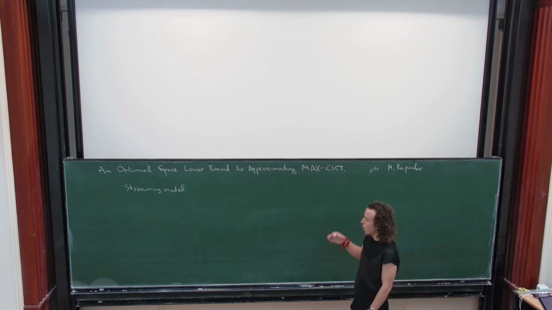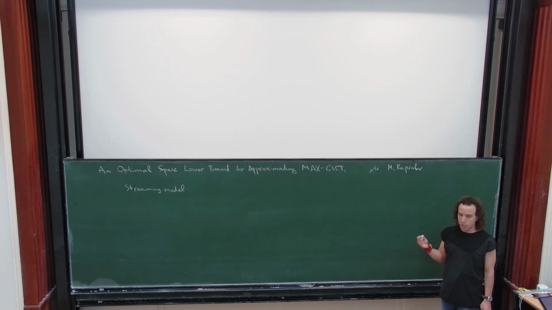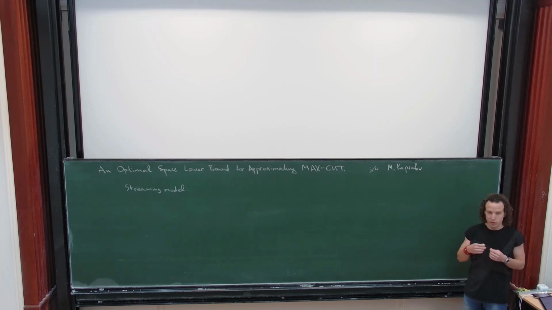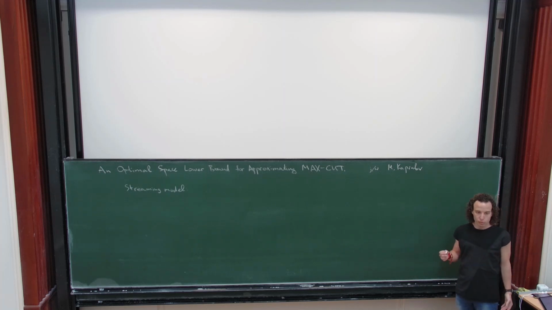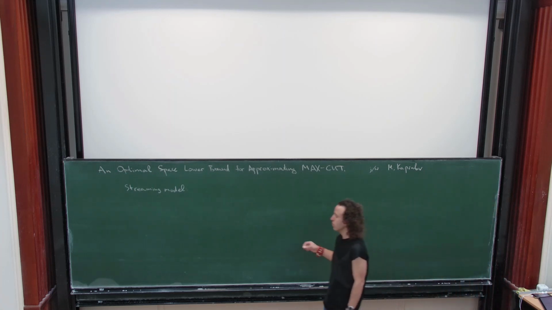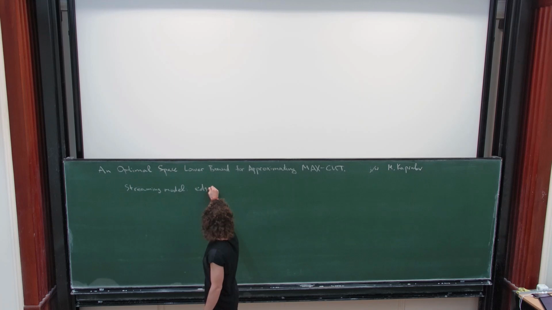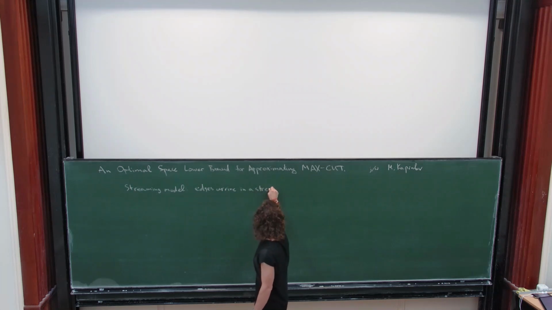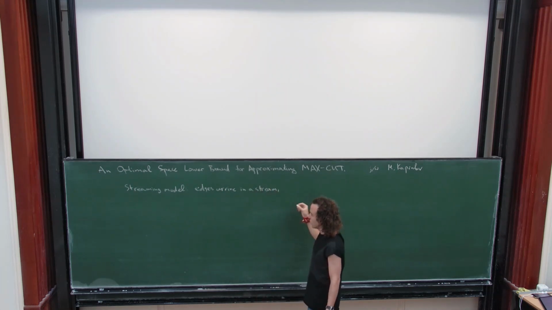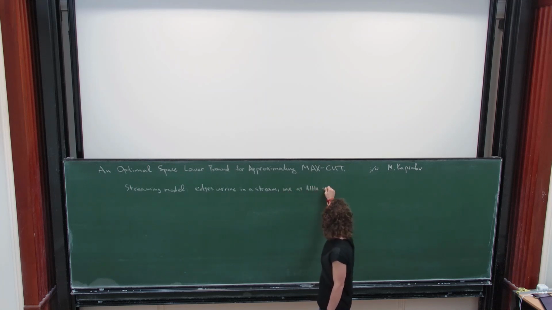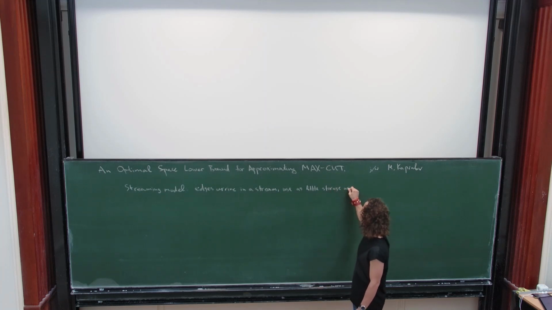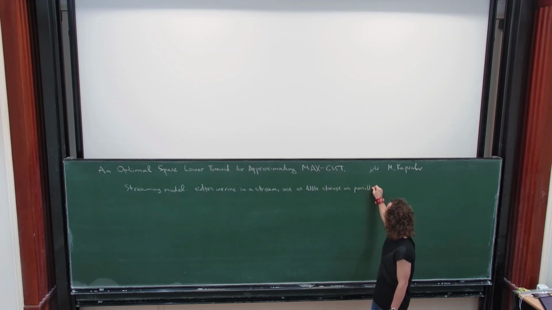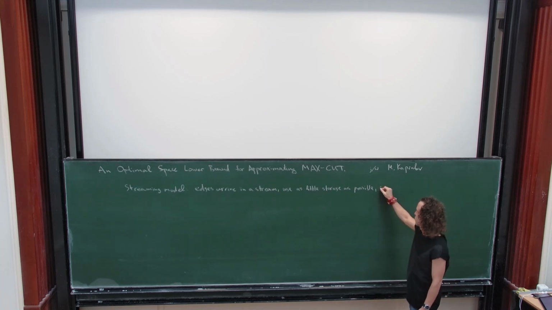In our case, we are going to be working with a graph, and so our stream is going to consist of edges. You may think that the set of vertices is given, and edges arrive in a stream. We use as little storage as possible, and at the end of the stream, you want to output the result, the function.